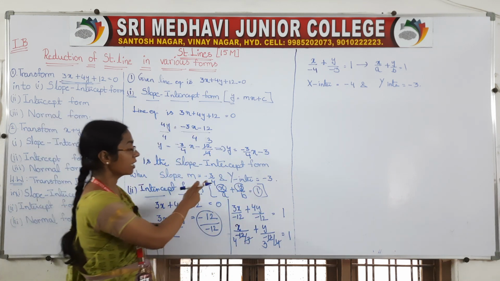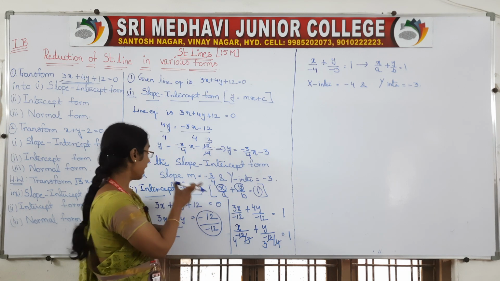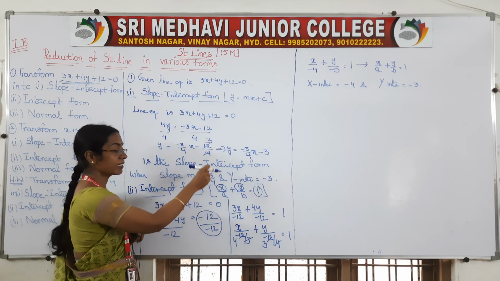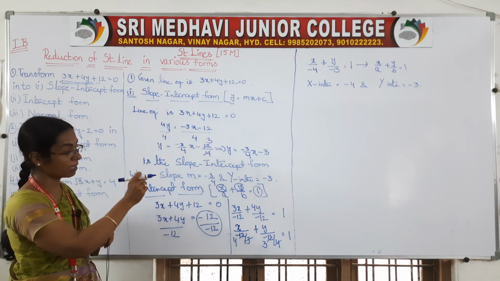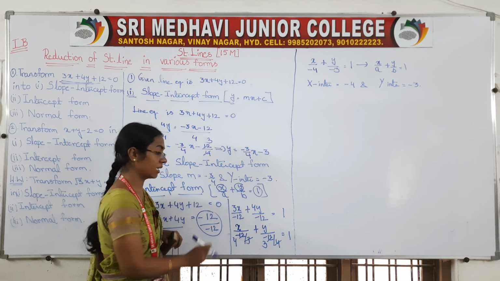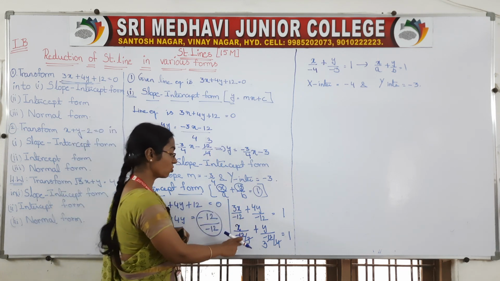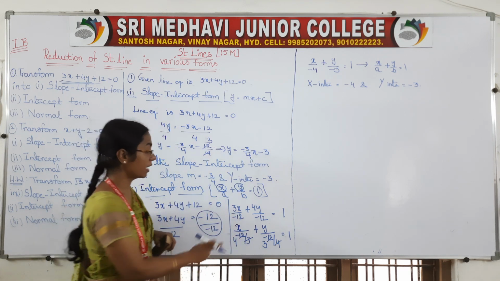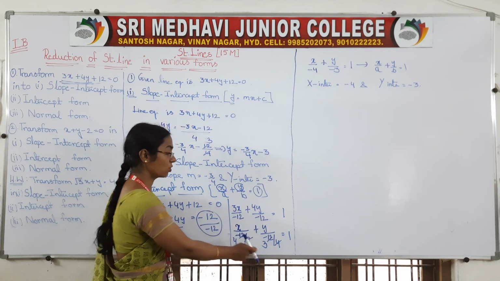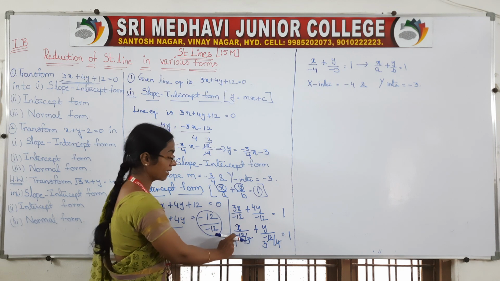After that, if you observe the equation in any intercept form, here only x must be there: x by something plus y by something is equal to 1. So x by minus 12 by 3 and y by minus 12 by 4. So it is 3 4s, therefore 4 3s, and the minus signs are there.